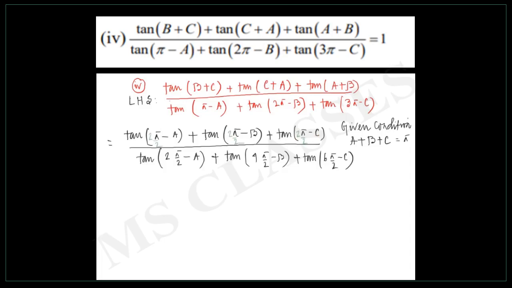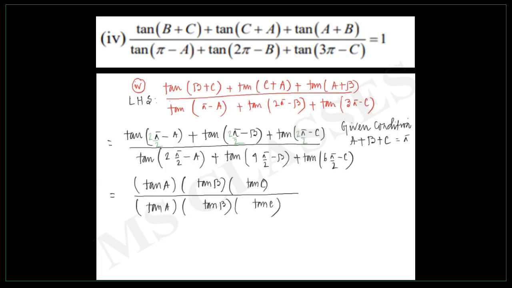So if you observe carefully, in all the cases, we have the even multiple of pi by 2 only. So if it is even multiple of pi by 2, what we can do, children? We can write tan A, tan B, tan C, and we'll put the sign. First of all, pi minus theta.